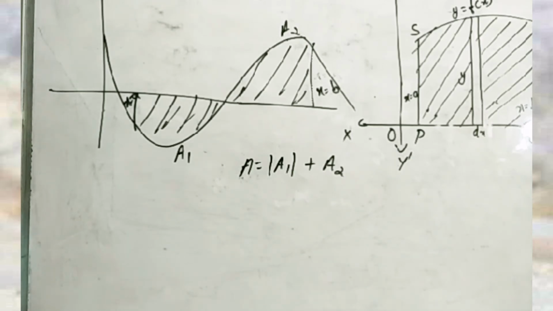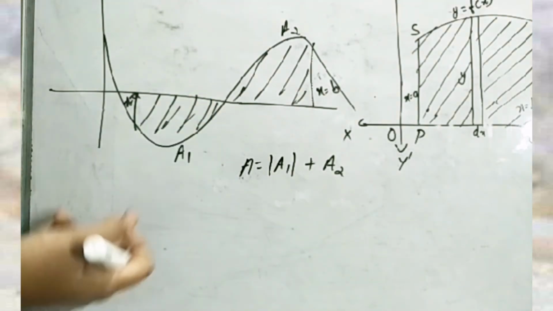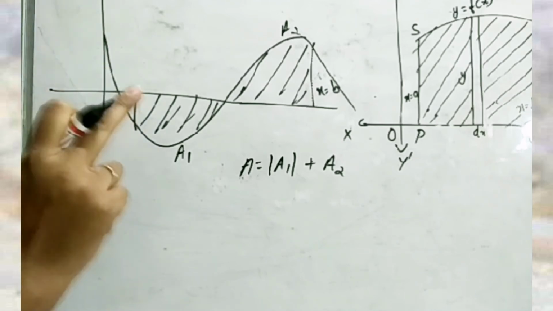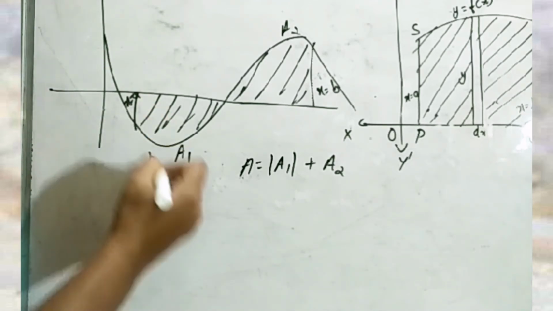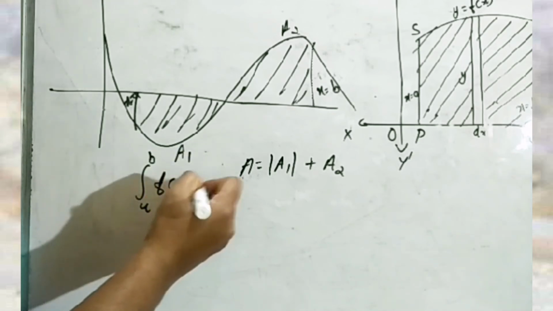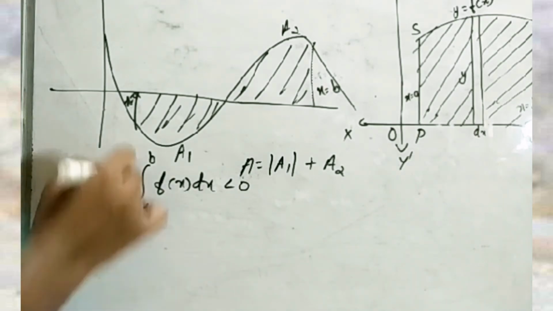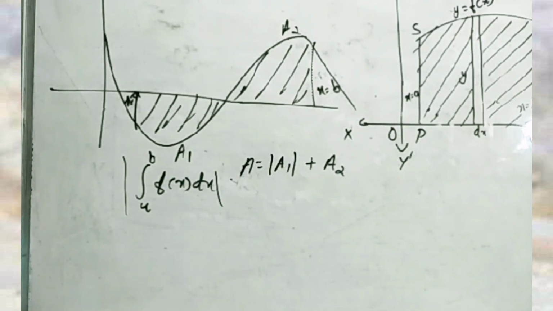And we have two cases. One, suppose your area lies below the x-axis, then obviously the integral will give a negative value, and we know that the area is always a positive quantity. So we need to take the absolute value of that integral if the shaded region lies below the x-axis.